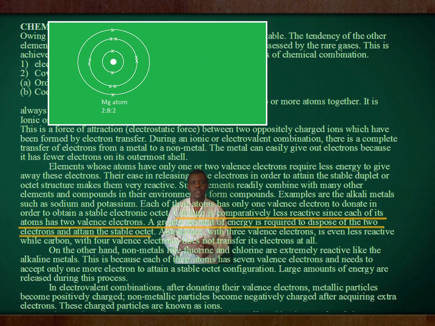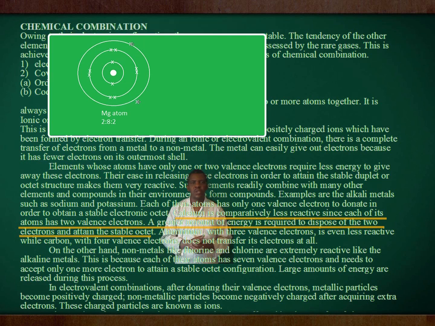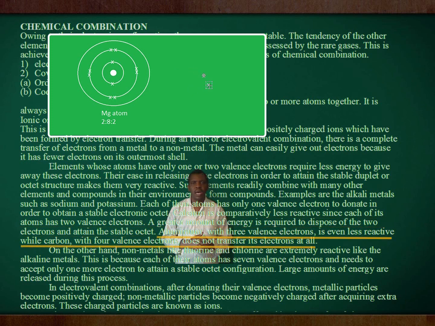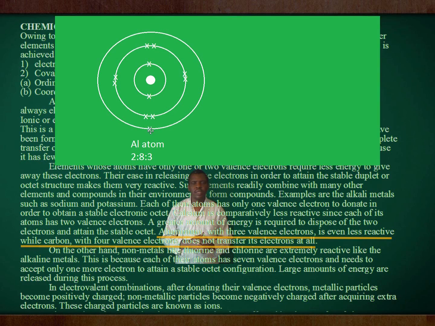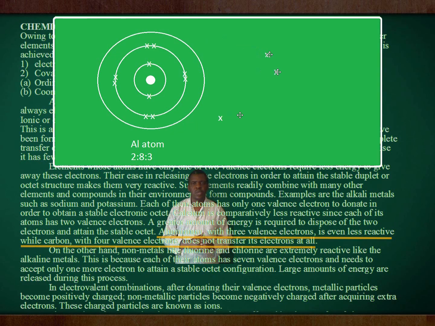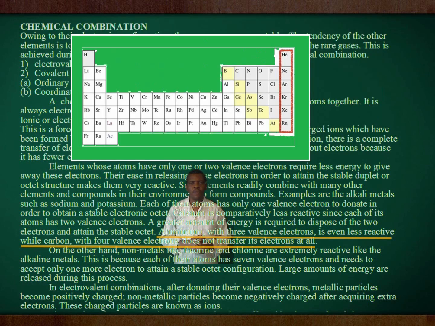Calcium is comparatively less reactive since each of its atoms has two valence electrons. A greater amount of energy is required to dispose of the two electrons and attain the stable octet. Aluminium with three valence electrons is even less reactive, while carbon with four valence electrons does not transfer its electrons at all.